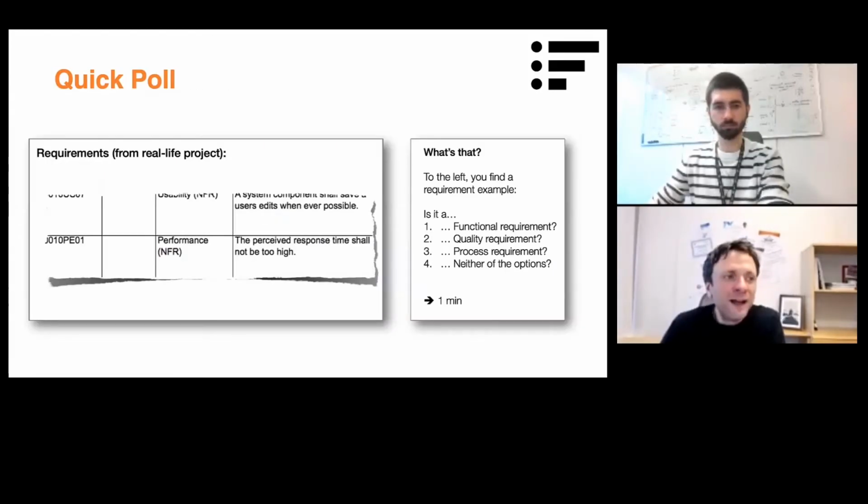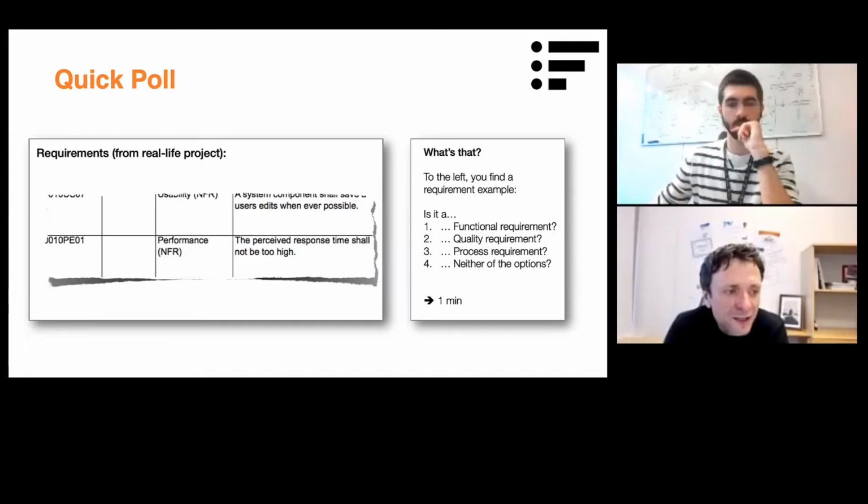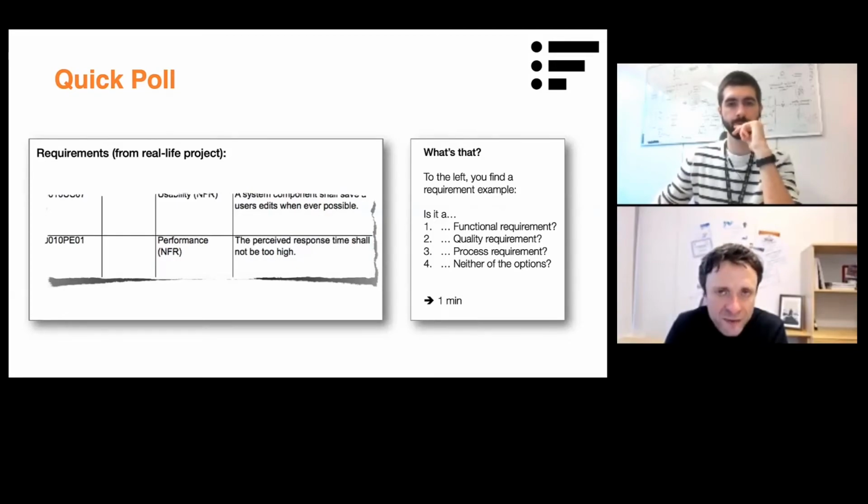So now, I would like to start again with a short example. On the left side, you can see an excerpt from one academia-industry collaboration that we did. This requirement, and what you can see is exactly as we have found it. And this was a requirement specification that had been formally accepted, and that was a part of the software development lifecycle.